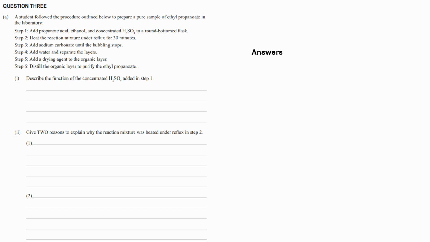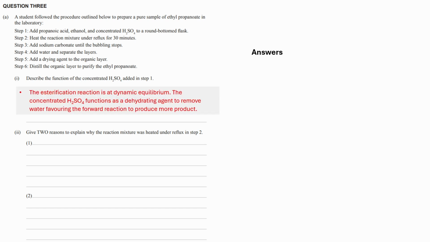What the sulfuric acid does is remove the water from the product side of the equilibrium, so the system, that reaction at dynamic equilibrium, shifts to the right and produces more of the products in order to replace the water, and in doing that makes more of the ester. So esterification reactions, we can talk about how that might work in relation to equilibrium.